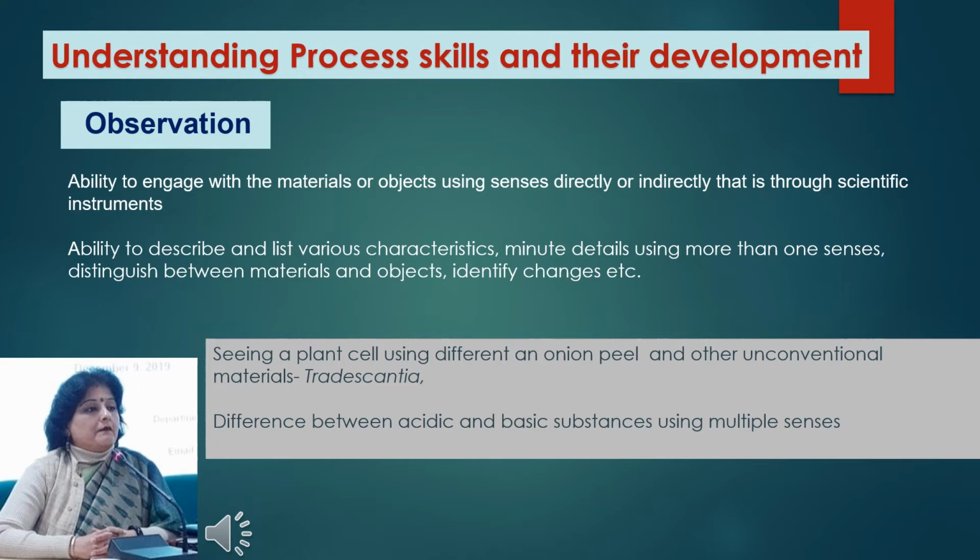differentiating between acidic and basic substances using multiple senses. Here we mean mild acids that are edible also. So we can use those mild acids and make children taste them also, for example citric acid, commonly found in the substances which are edible and sour in taste.